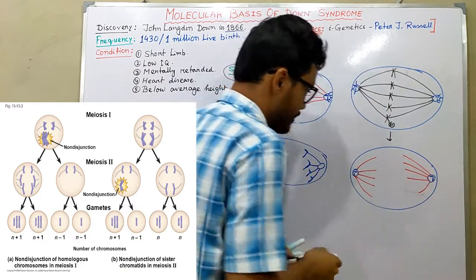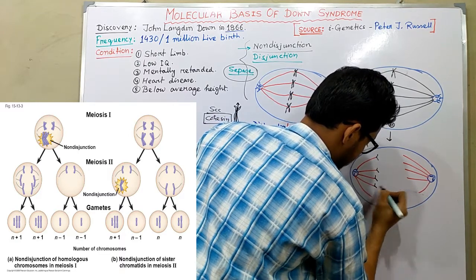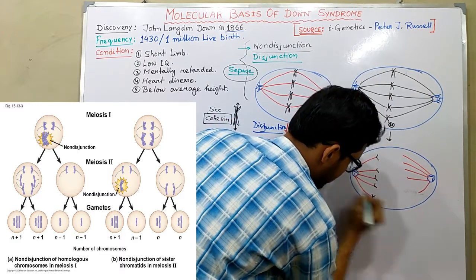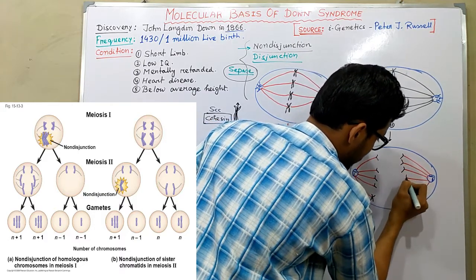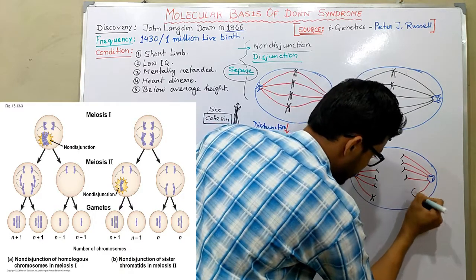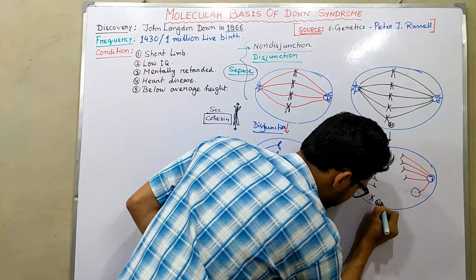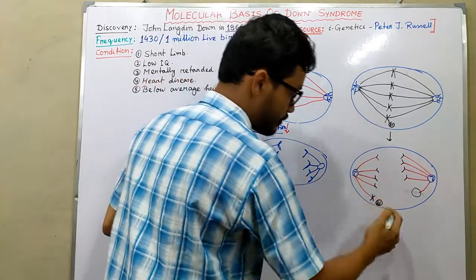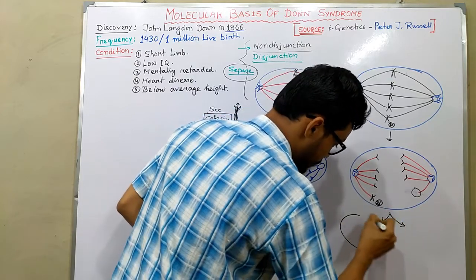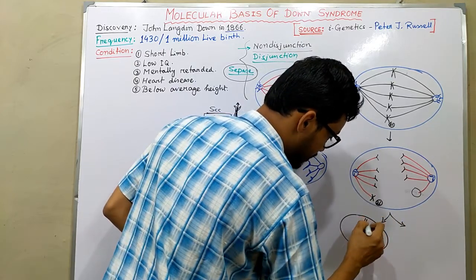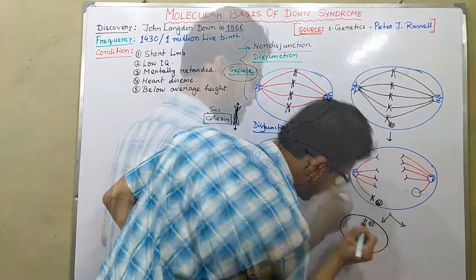So here all of the chromosomes are segregated well except for this one pair. Chromosome number 21, this particular pair, segregated to this side. So in the next step we find a cell consisting of one pair of chromosome 21.